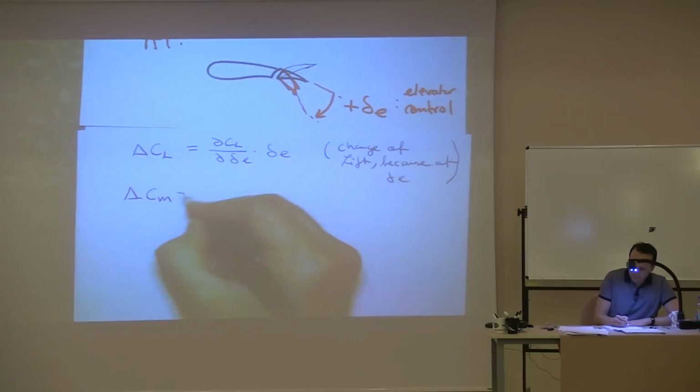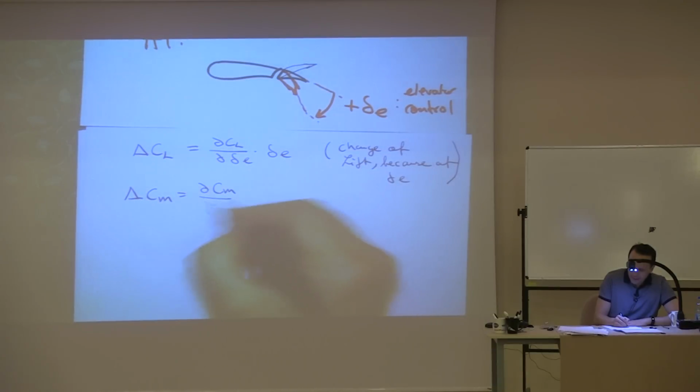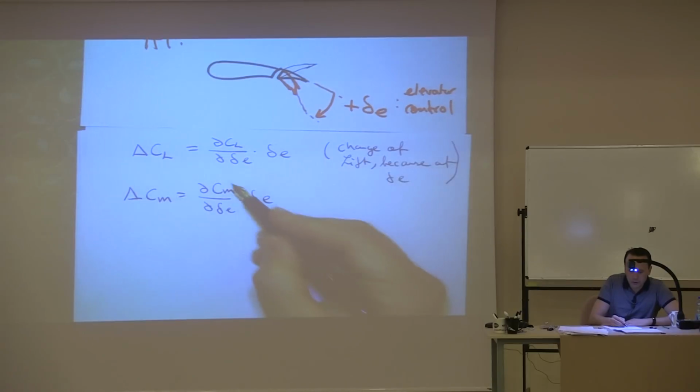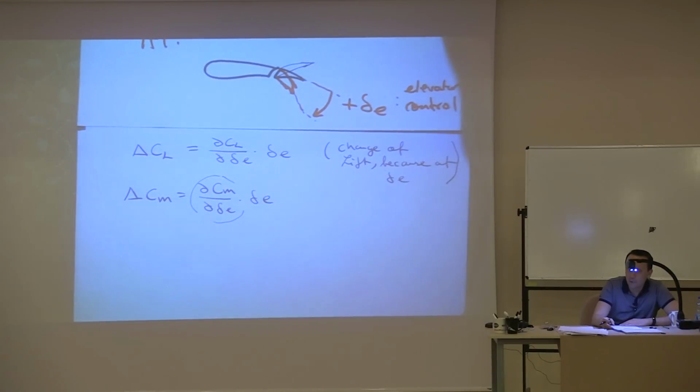Del CM del E times del E. This is the change of moment because of del E. Is this number positive or negative? The partial derivative, this one, must be negative or positive?